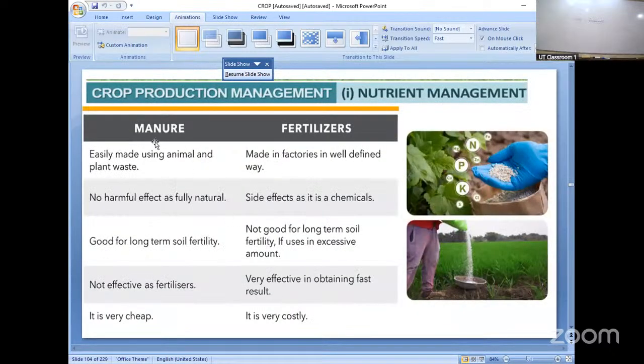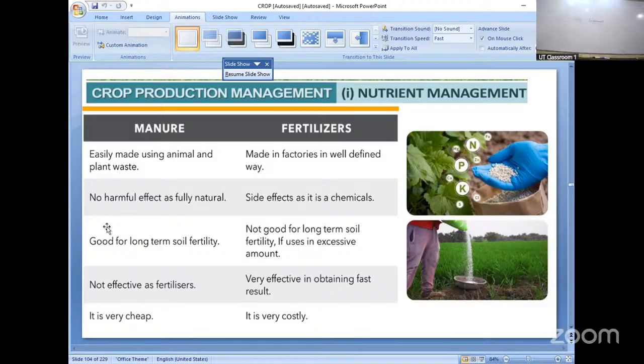And you must be knowing the difference between manures and fertilizers, right? Manures are made up of animal and plant waste, and fertilizers are chemicals. And there are side effects of the chemicals, and excessive use is not good even for human consumption, also for the fertility of the soil, and it remains very costly.